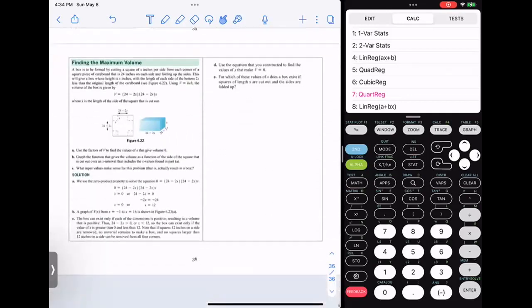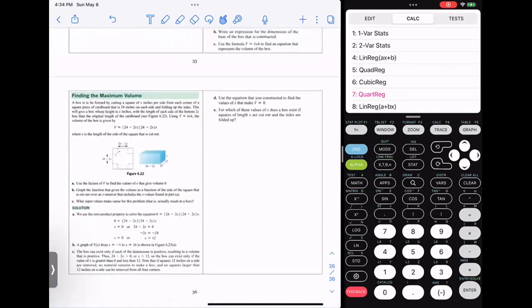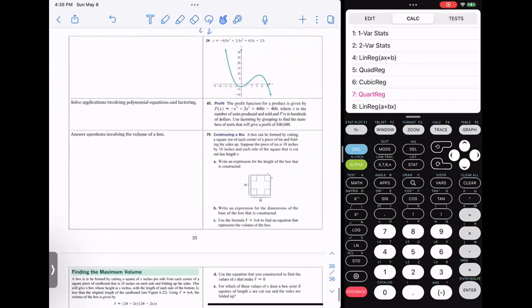On to the last page, finding the maximum volume. Oh, this is just its own question. So it's not something you have to specifically memorize. That one's on page 35. Volume of box.